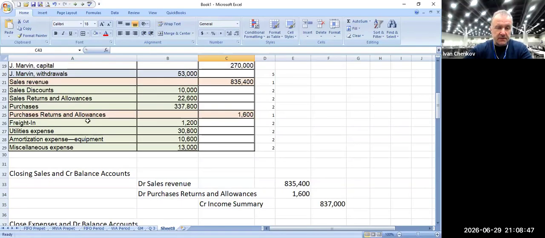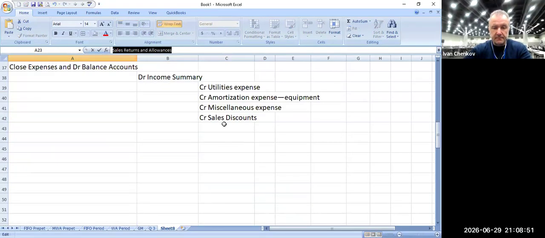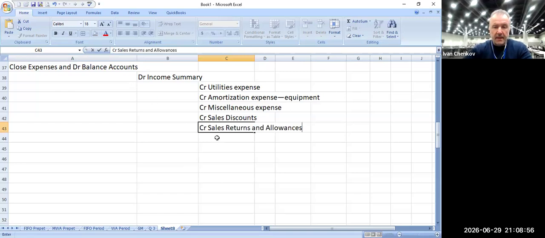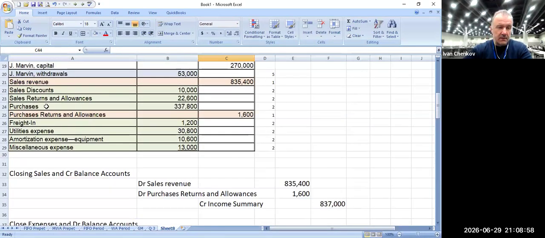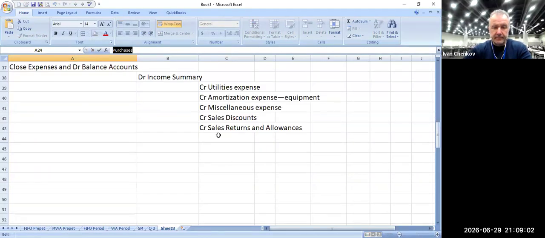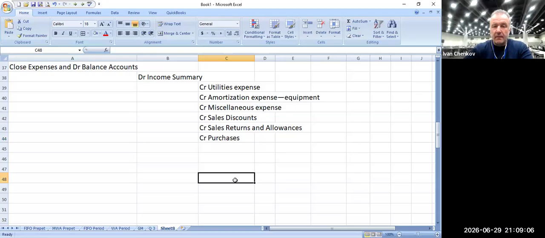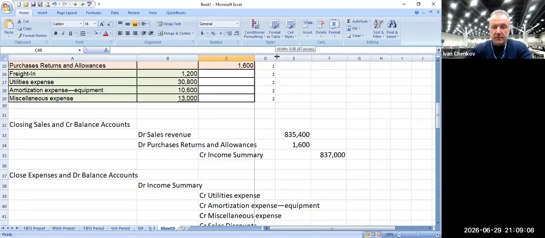Sales discount is first, then sales return and allowances. Then we're going to close purchases.